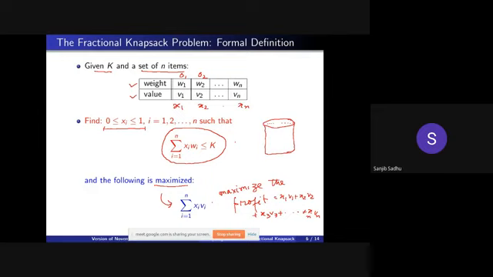Generally, W1 plus W2 plus W3 up to Wn must be greater than K, otherwise there is no meaning. If the sum of the weights of all the objects is less than K, the easy solution is to take all the objects completely. So generally this is given, and you have to decide whether to take this object or that object.